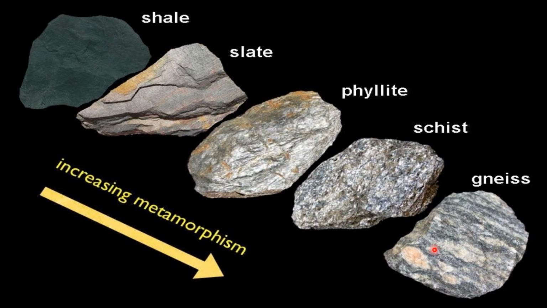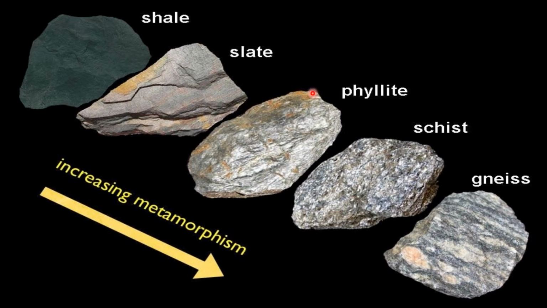Okay, so in this illustration we can see 5 types of rocks, right? Among the 5 examples, the parent rock here or the pre-existing rock here is the shale. This shale is a sedimentary rock. When exposed to high temperature and heat, it may change into a metamorphic rock, which is a slate.